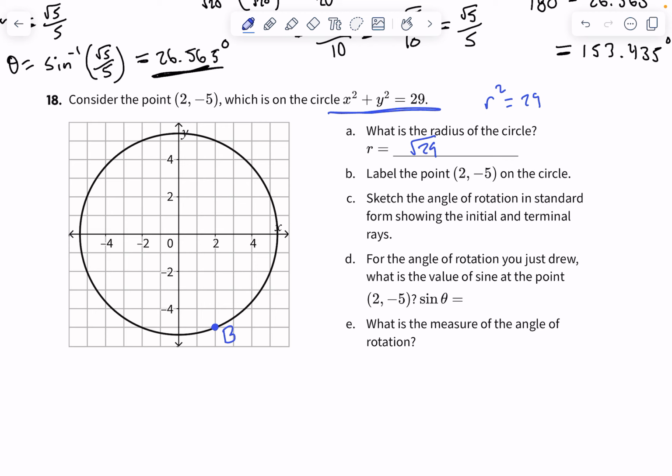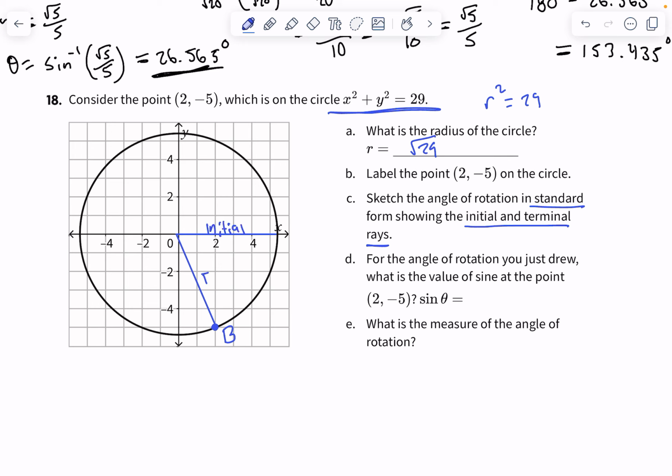Sketch the angle of rotation in standard form showing the initial and terminal rays. So this is my initial ray, from here to here. And then we're down here. This is my initial.